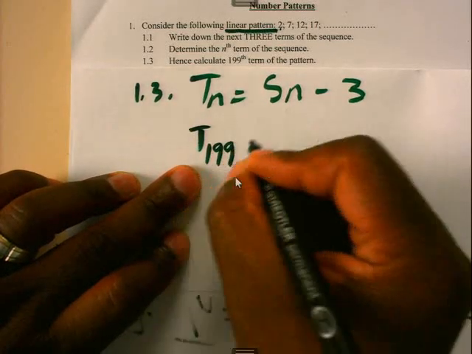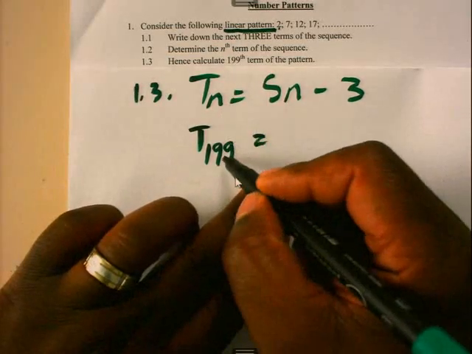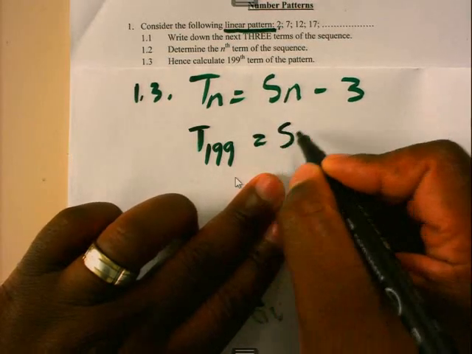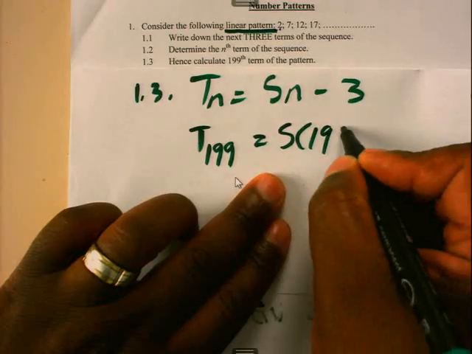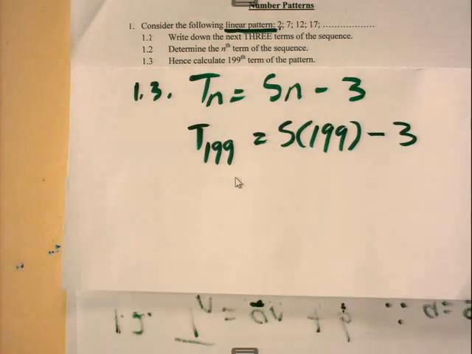T199 is equal to, you substitute n by 199. 5 into 199 minus 3. Then we carry on, we multiply 199 by 5.